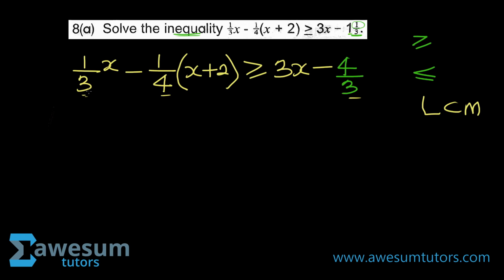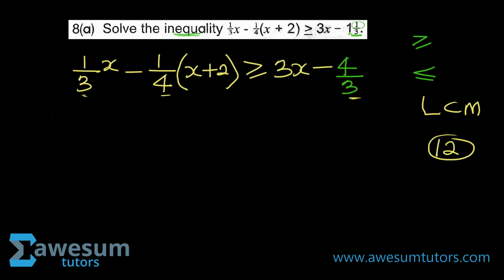Now if you find the LCM of 3, 4 and this 3, it is going to give you 12, because 3 can easily go into 12, and 4 can also easily go into 12.